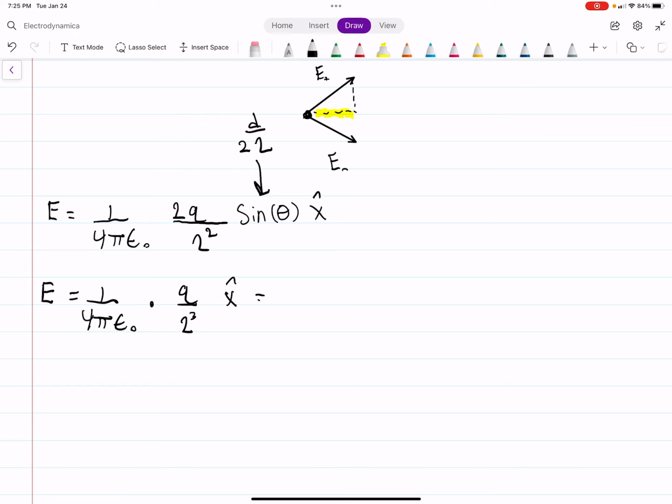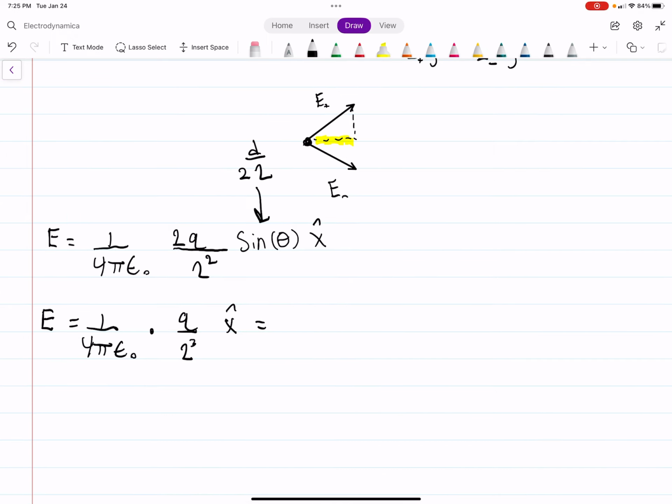Oh, I also forgot there should be a d there. I forgot to plug in the d. So we have 1 over 4 pi epsilon naught times q times d times 1 over script r cubed, but script r we just found, it's the square root of d over 2 squared plus z squared.